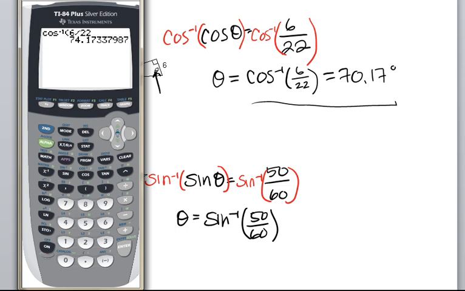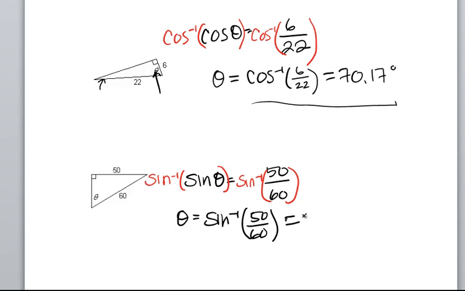It doesn't really matter. Inverse sine of 50 divided by 60 is 56.44. So the angle whose sine is 50 over 60 is 56.44 degrees.